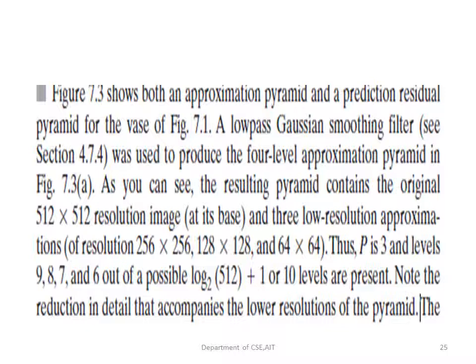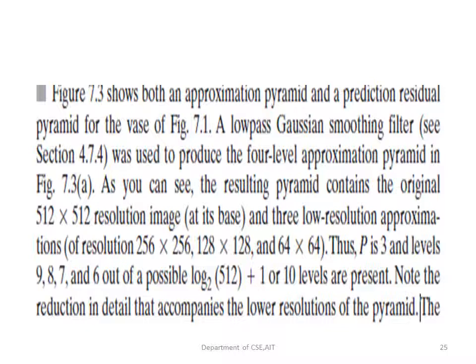Thus, we know that now P is 3 and the levels are 9, 8, 7 and 6, out of the possible log 2 of 512 plus 1, or we can say 10 levels are present. So we can see that the reduction in detail accompanying the lower resolution of the pyramid is also present.